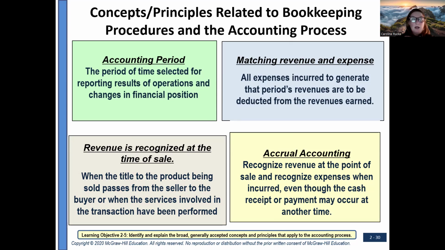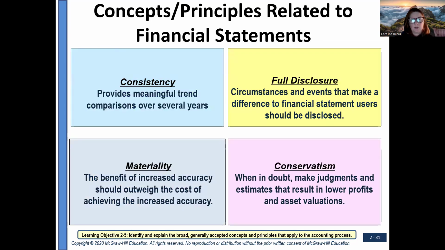If you are a publicly traded company, the SEC says you must have financial statements out at least annually. I talked about matching revenue and expenses. Revenue is recognized at the time of sale, expenses at the time they're paid. And we call that accrual accounting, where we're matching our expenses with our revenues.